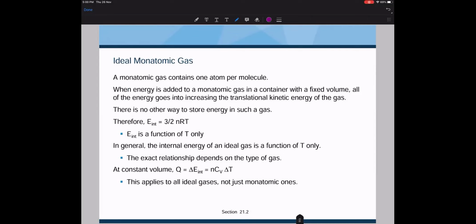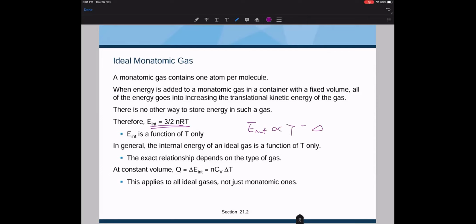So in this case, the internal energy for the monoatomic gas is equal to 3/2 times nRT. The internal energy is proportional to temperature.